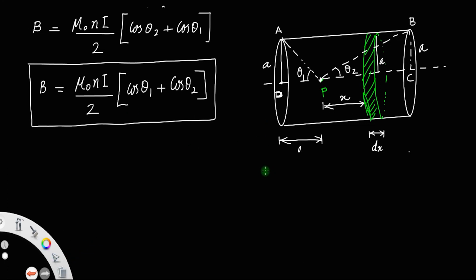Case 1. When the solenoid is of infinite length and P is at the center, somewhat like this. Or we can take the cylinder itself.